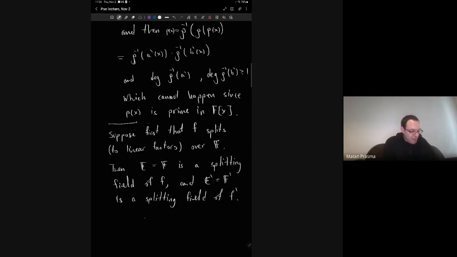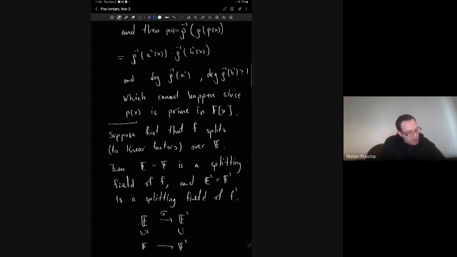And then I need to define, I mean, that's kind of the claim of the proposition, I need to define a map sigma that restricts to the original map rho.